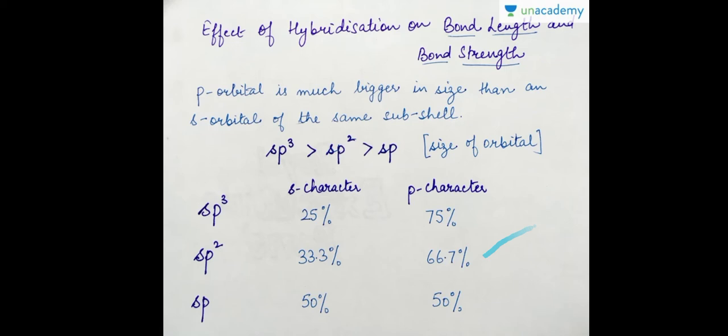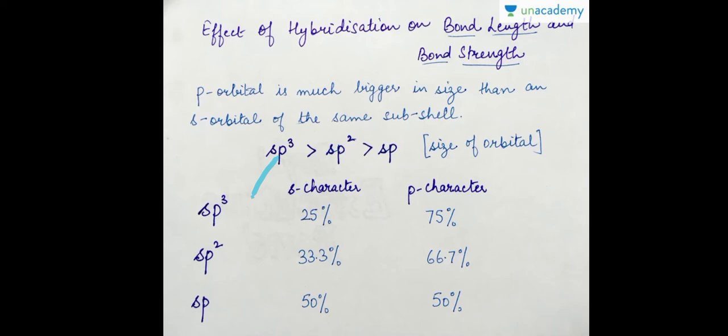Similarly, in the case of sp hybridized orbital, it would be 50% s character and 50% p character. So the size of the orbitals would also decrease in the same order. p orbitals are bigger in size and sp3 hybridized orbital has a greater p character. Therefore, sp3 hybridized orbital would be the largest in size.